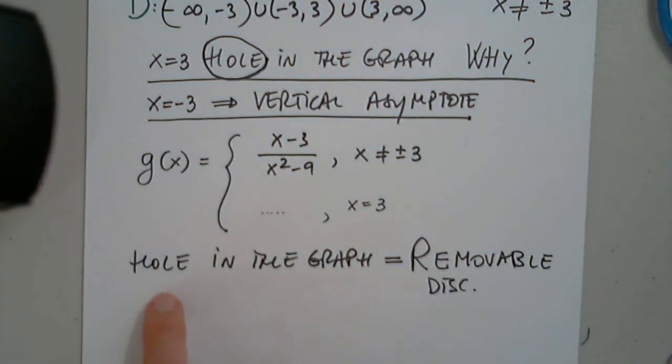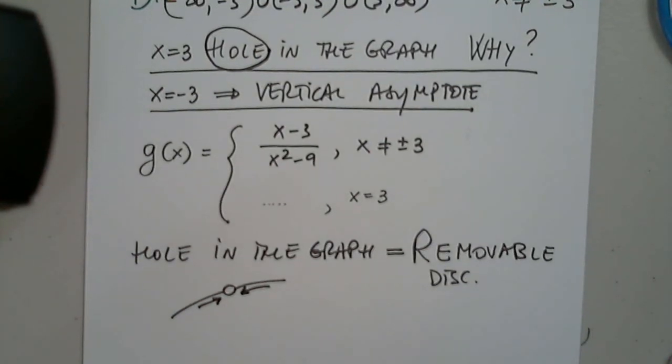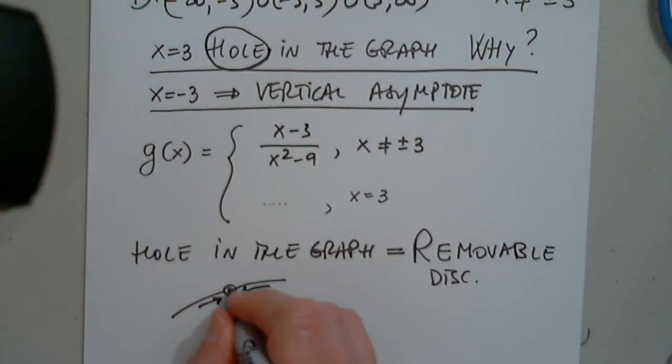Yes. So the hole in the graph is a removable discontinuity. As long as I can show that the limit from the left and the limit from the right are the same, and they equal the function value here, then it's removable. But now I want to define this and fill it in.